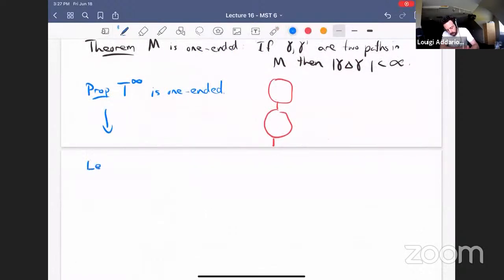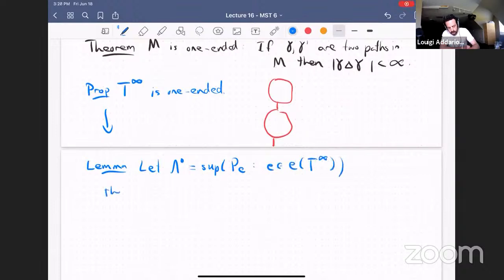Okay, so to develop that picture, I need a lemma. If I write lambda naught for the largest edge weight ever added by Prim's algorithm, starting from the root, empty set, so that's the largest edge weight of T infinity, then this lambda naught has density theta prime of x, where theta is, as before, the Poisson survival probability.